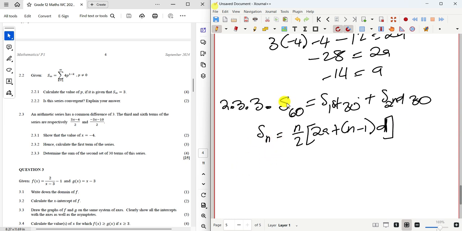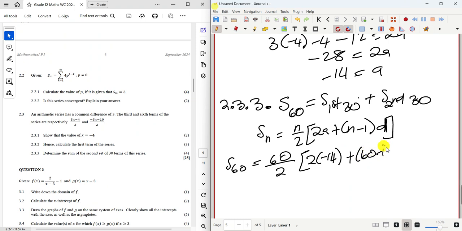For the sum of 60, it is 60 over 2 into 2 times the first term, negative 14, plus 60 minus 1 times the common difference, positive 3.